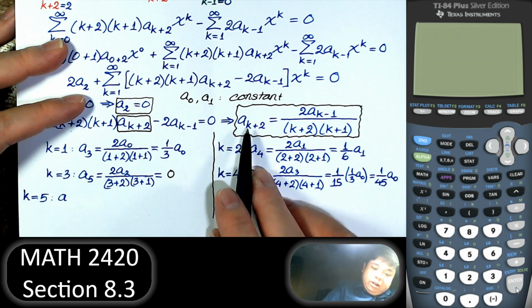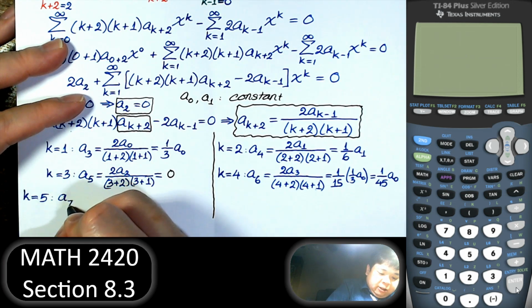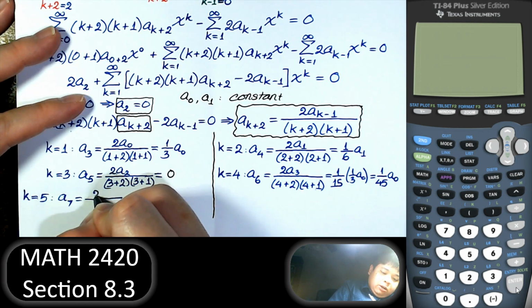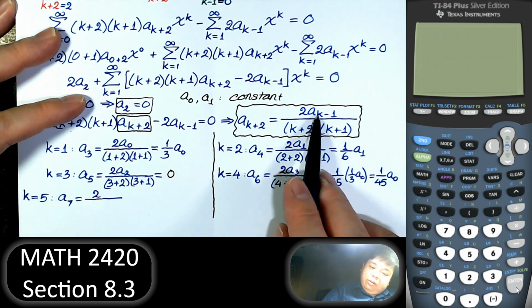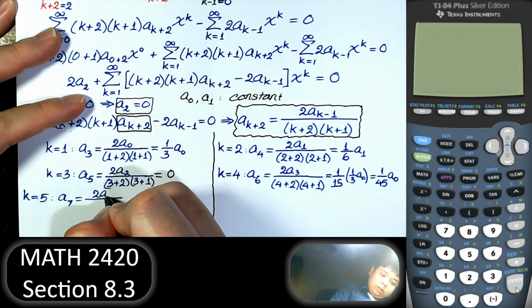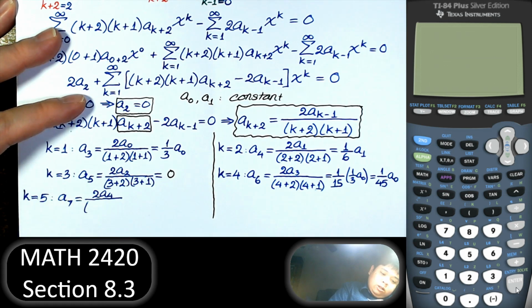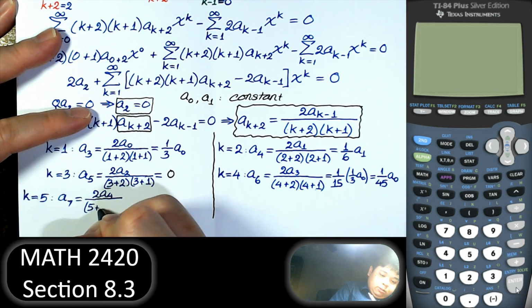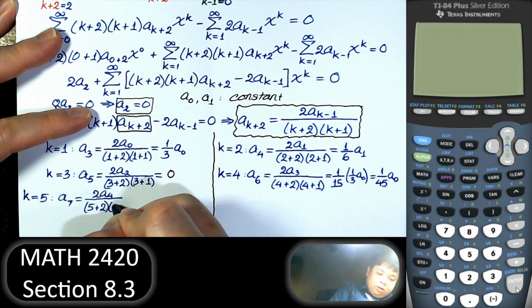I'll put 5 in here. a7 equal to 2 times, k equal to 5, 5 minus 1, a4, over 5 plus 2, 5 plus 1.